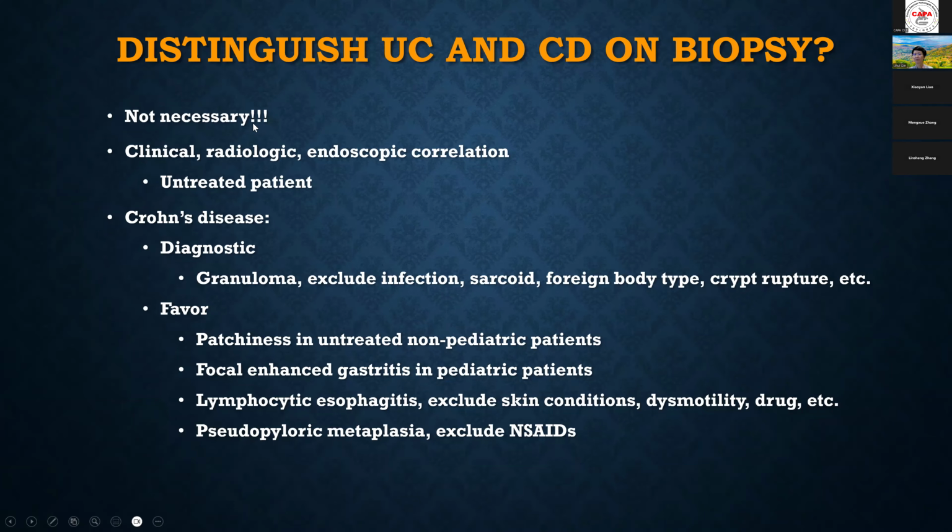But in some institutes, even very prestigious ones, the clinician will prefer you give them a diagnosis of UC or Crohn's on biopsy, because they think they can treat UC and Crohn's differently, okay?